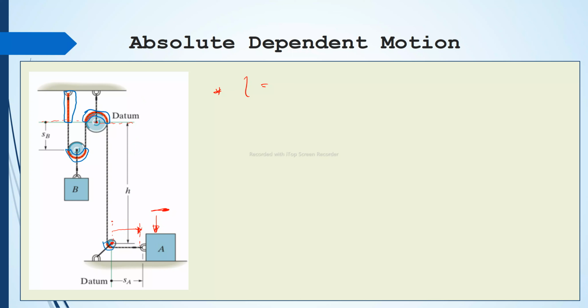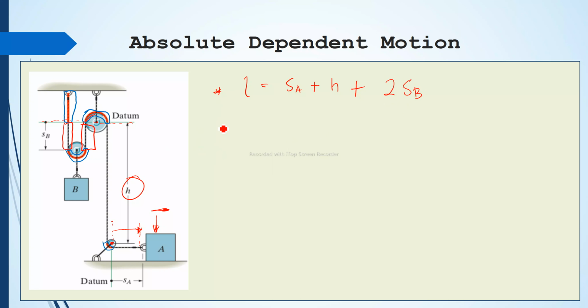So the length of the chord is equal to the length SA plus the length h, plus we have here an SB. This is SB. This is also SB. So that is 2SB.